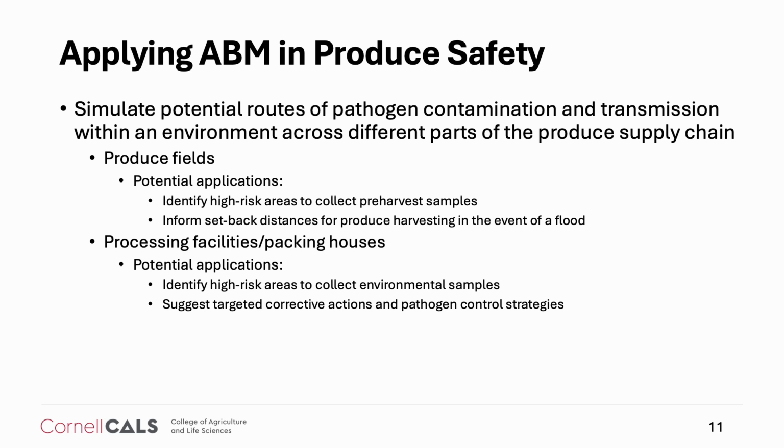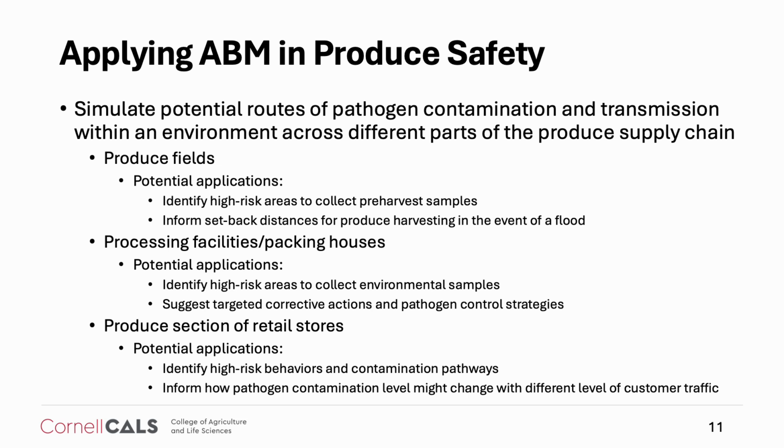If we were to simulate produce processing facilities or packing houses, ABM can also be used to identify high-risk areas for collecting environmental samples, and also to suggest targeted corrective actions and pathogen control strategies. ABM can even be applied towards the end of the produce supply chain, which is the produce section of the retail stores, to identify high-risk behaviors and pathogen contamination pathways within the retail environment and inform how pathogen contamination level might change at different levels of consumer traffic.